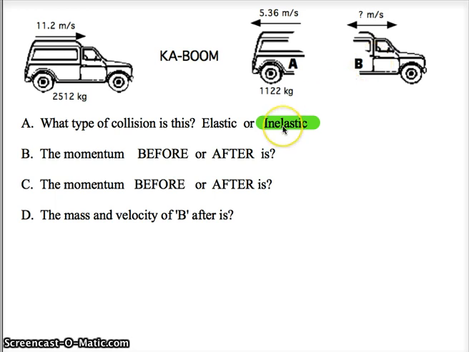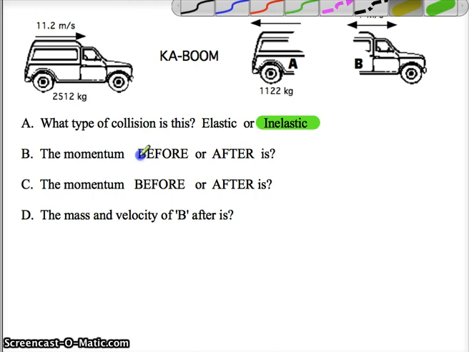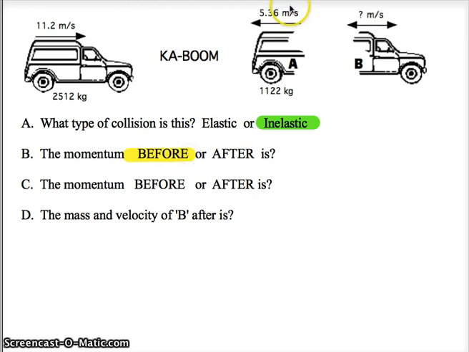This would be inelastic. Now, looking at the problem, the only place you have all of the information is in the before. So we're going to calculate the momentum before.